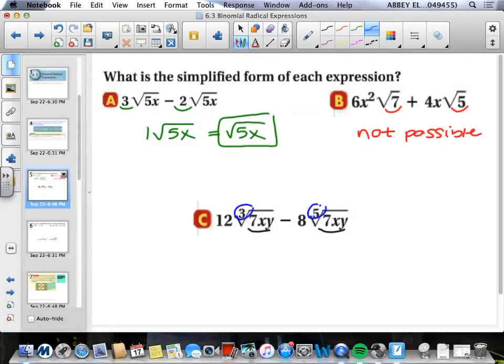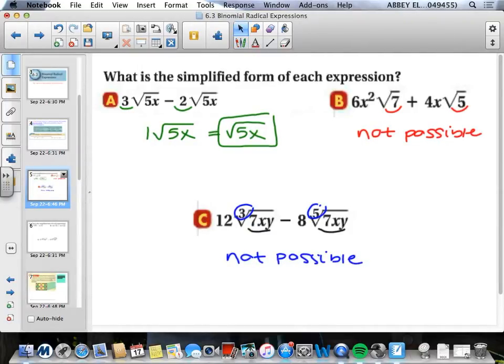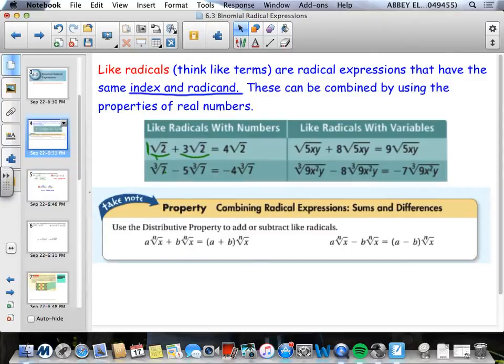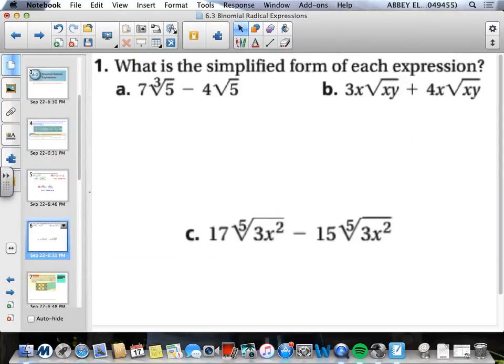Those are not the same, so again, this is not possible. Okay. In order to add or subtract, the index and the radicand have to be the exact same.